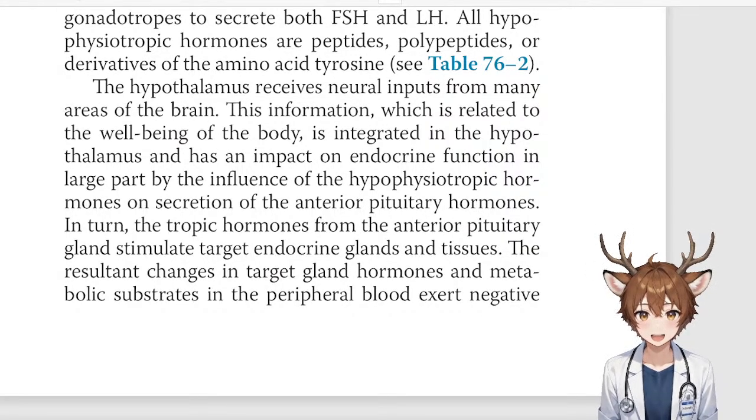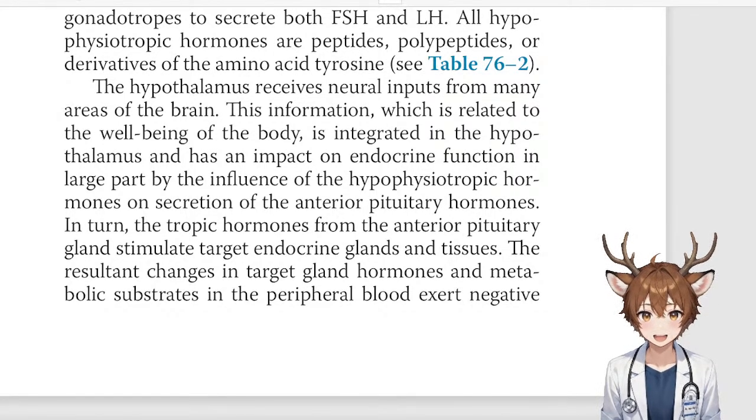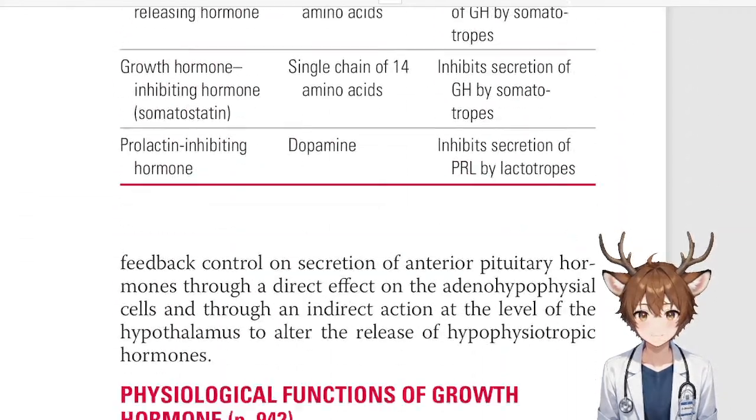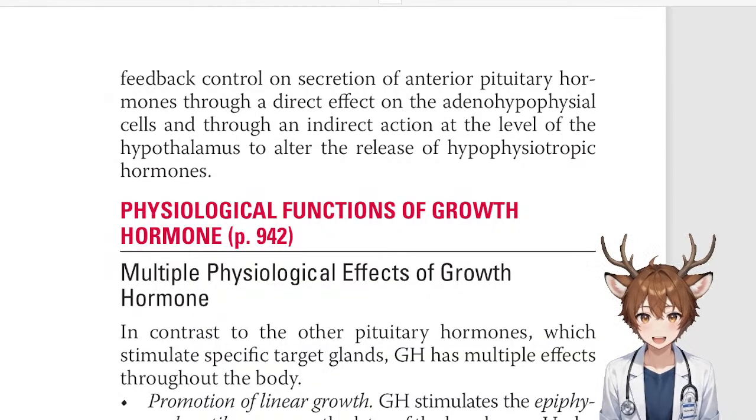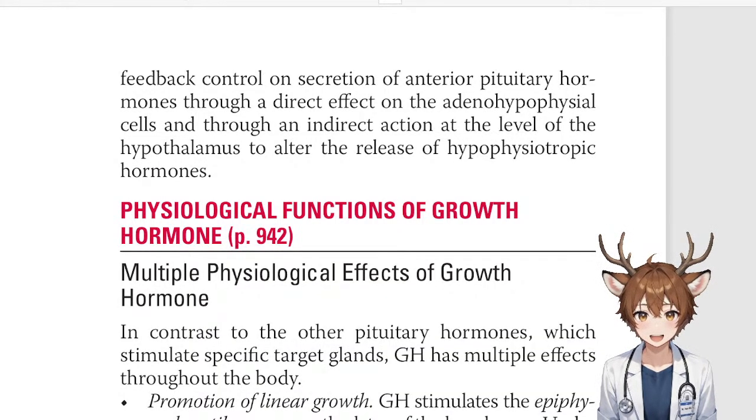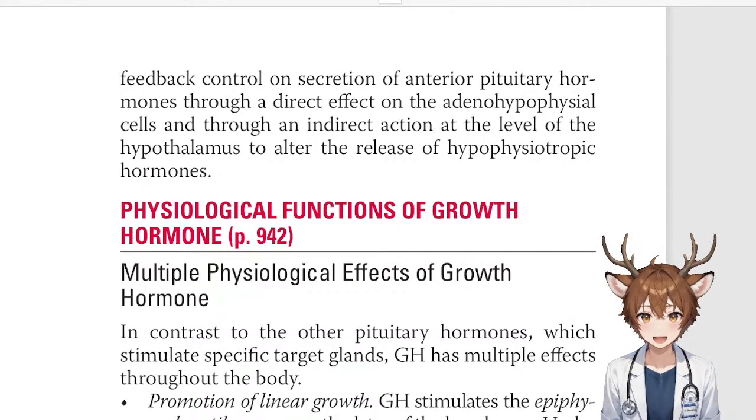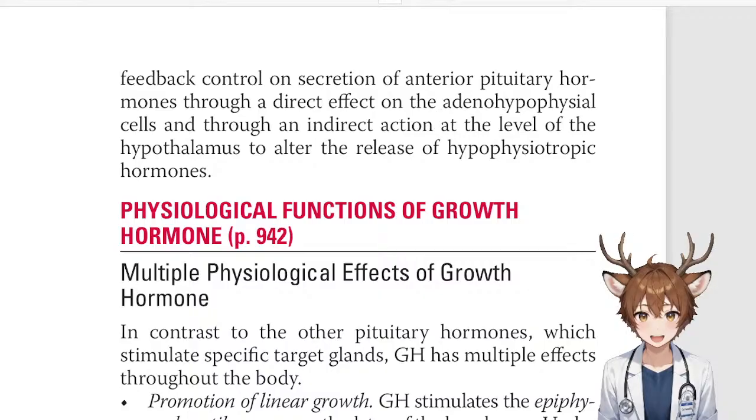The resultant changes in target gland hormones and metabolic substrates in the peripheral blood exert negative feedback control on the secretion of anterior pituitary hormones through a direct effect on the adenohypophyseal cells and through an indirect action at the level of the hypothalamus to alter the release of hypophysiotropic hormones.